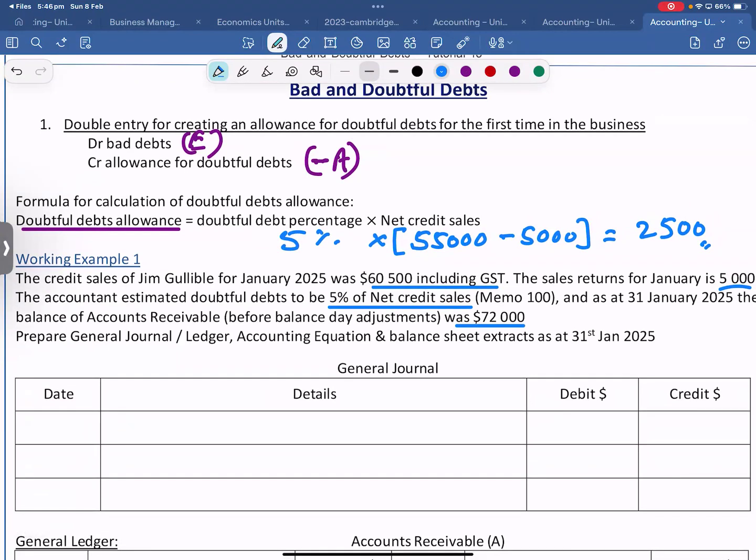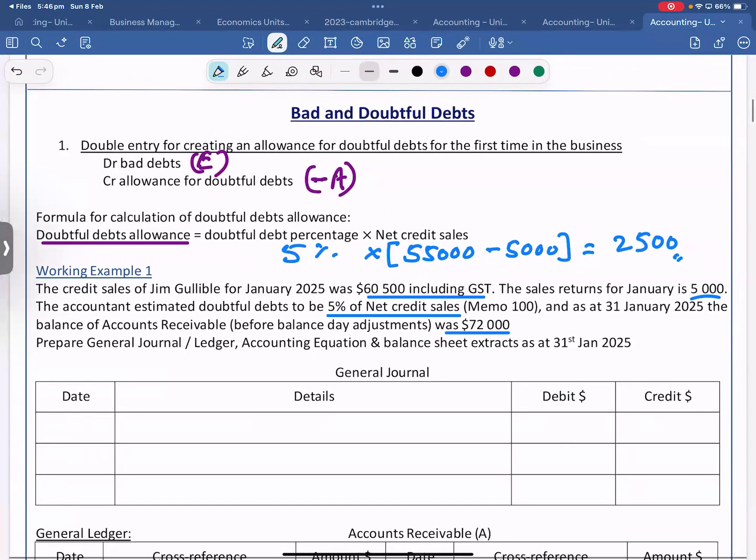Okay. So what's the double entry, guys? Tell me the double entry. Bad debts debit, allowance for doubtful debt credit. Okay, very good. So January 31st. Why is it January 31st, guys?